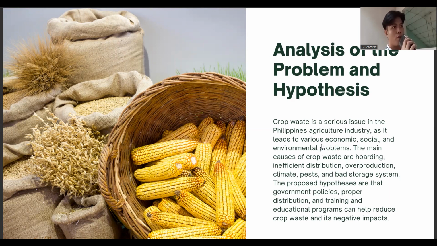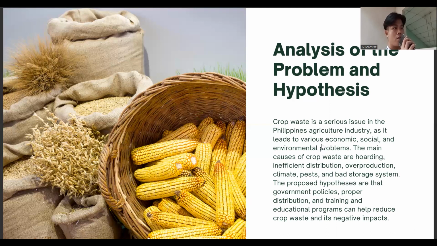The problem of crop waste can be attributed to several root causes, such as hoarding, inefficient distribution, overproduction, climate, pests, and bad storage system. Hoarding is the practice of withholding or accumulating agricultural products to manipulate prices or create artificial scarcity.